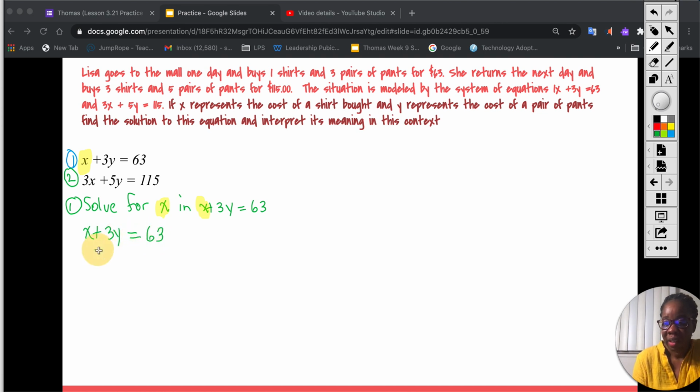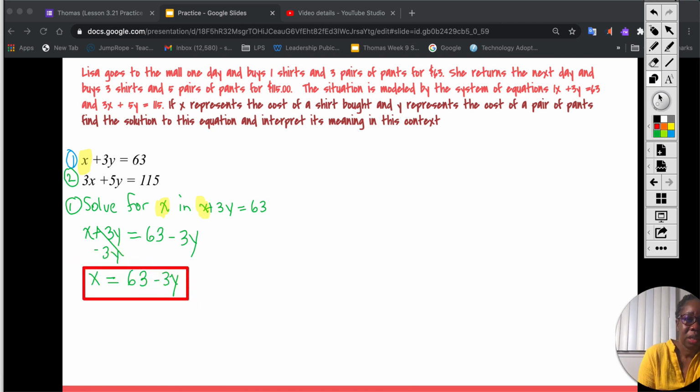We get the x by itself by subtracting 3y. We do that on both sides. So x is equal to 63 minus 3y. We have an equivalent expression for x, so we can use that as we continue our solution process.